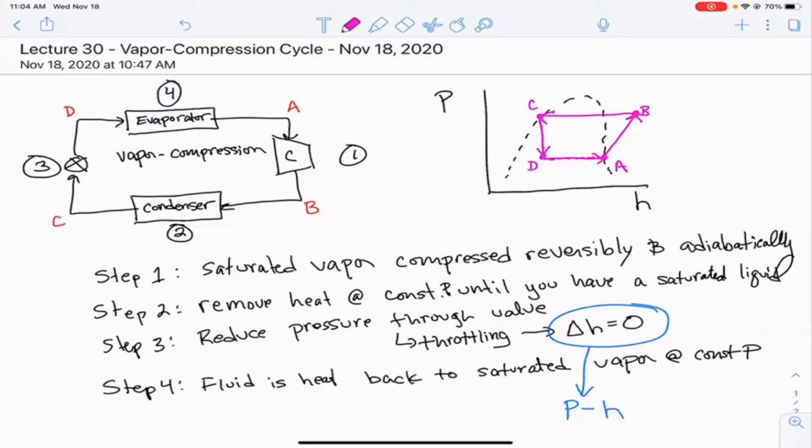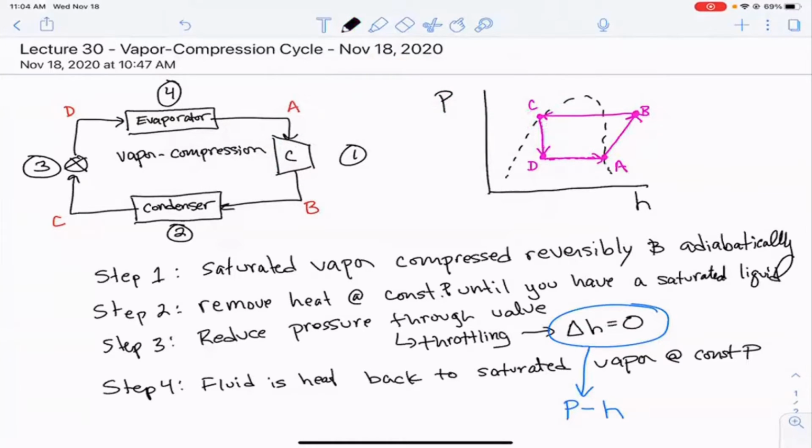If you go through this valve isenthalpically and you start with saturated liquid, some of it is going to vaporize. So one of the things to note at state D is that it is a mixture of liquid and gas.